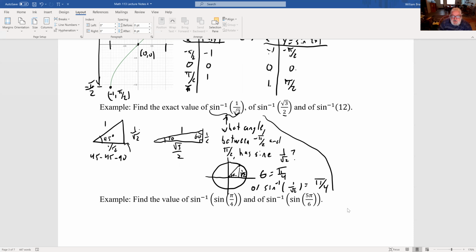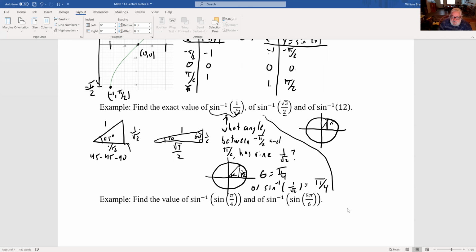Give myself more space. Sine inverse of square root of 3 over 2 is the same thing. If sine is square root of 3 over 2, that means in the unit circle, I've got a height of square root of 3 over 2.